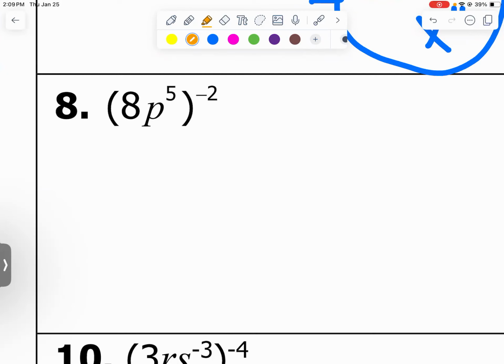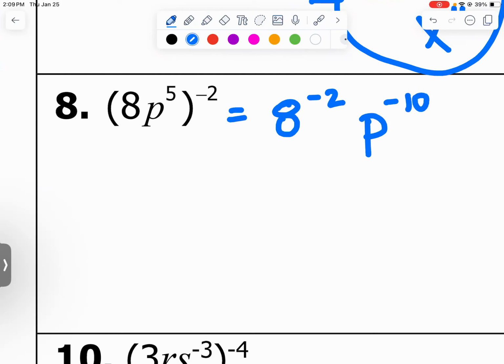Okay. Here we go. We have a quantity raised to the -2. This -2 has to be applied to everything inside. So this becomes 8 to the power of -2 and p to the power of -10.